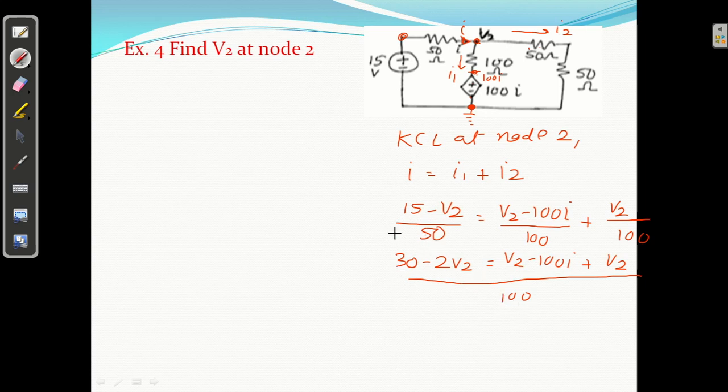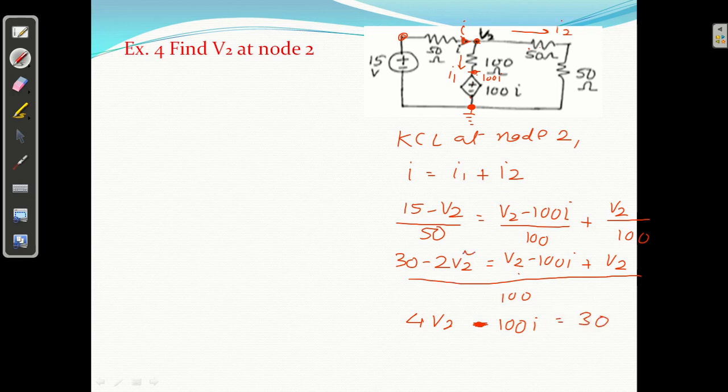So 100 upon 50 into 15 minus 2 V2 equals 100 upon 100 into V2 minus 100I plus V2. So you will get V2 plus V2 plus 2 V2, that is 4 V2, equal to what? 4 V2 minus 100I, and here 30 remains.